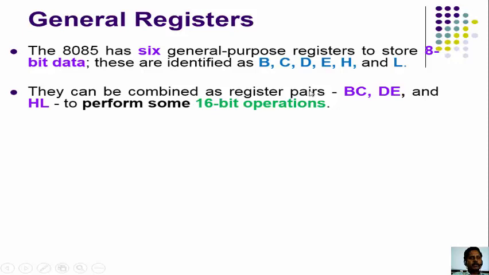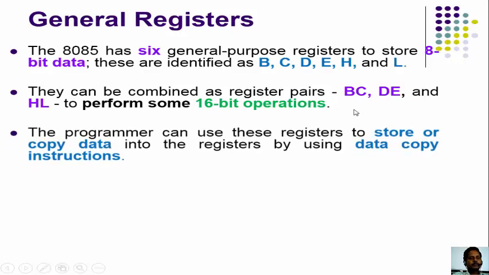So pairwise registers are also available, BC pair, DE pair and HL pair. These pairs are mainly utilized during the 16-bit operation, that is addition, subtraction kind of operations. One more thing is that the programmer can use these pairs to store or copy the data into the register by using data copy instructions.